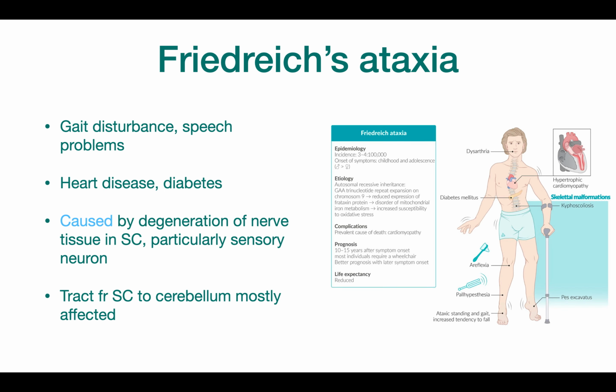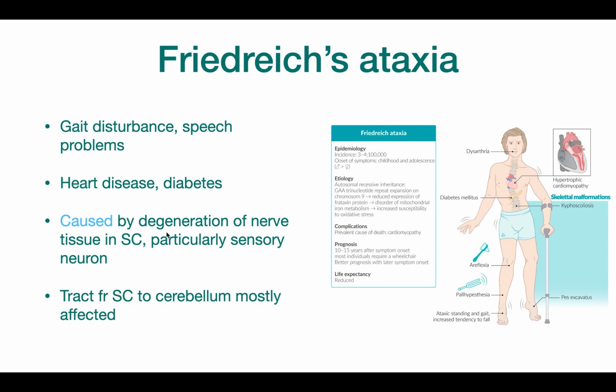Okay, so Friedreich's ataxia is characterized by gait disturbance, speech problems, along with heart disease and diabetes. It can be genetic, due to a trinucleotide repeat on chromosome 9, or there could be a disorder of mitochondrial metabolism.